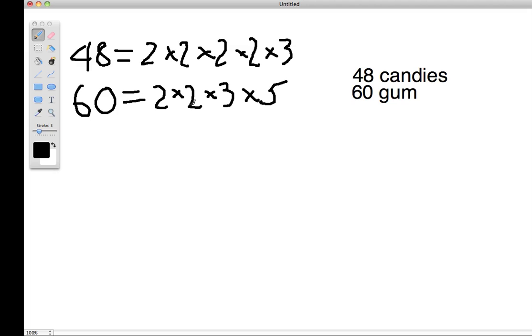So 60 is 2 times 2 is 4, 4 times 3 is 12, 12 times 5 is 60. And I look for what are the factors that these two numbers have in common.